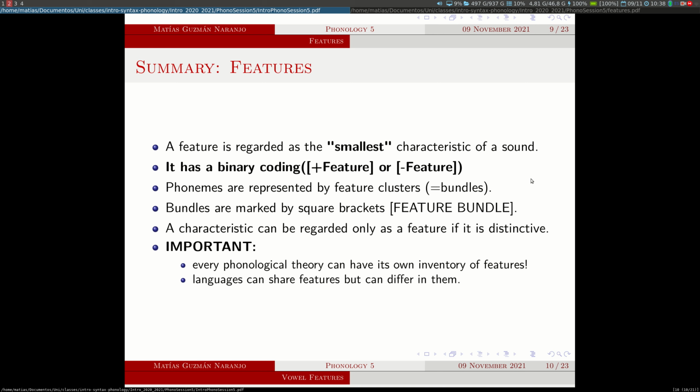So unlike phonetics, which is more or less universal, the features in phonology are not, and there are differences between theories. This is worth keeping in mind. Also, many theories allow for different languages to have different sets of features depending on how the sounds behave in those languages.